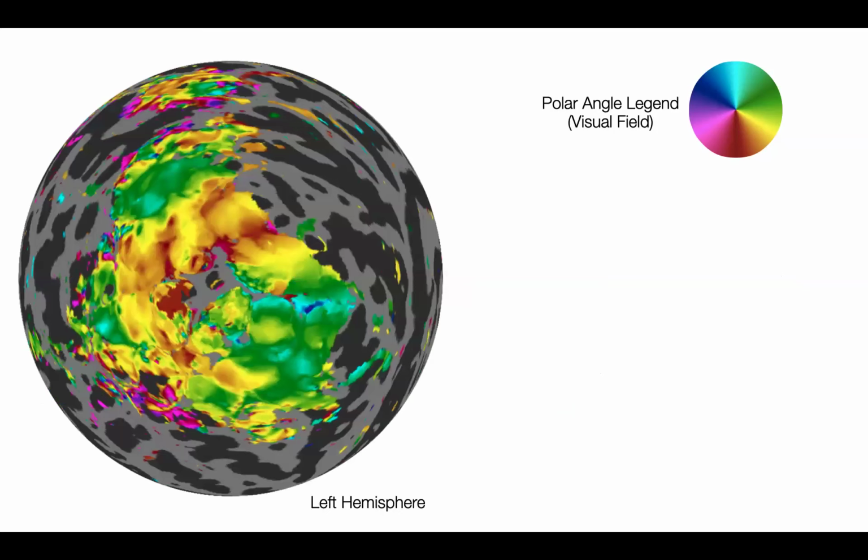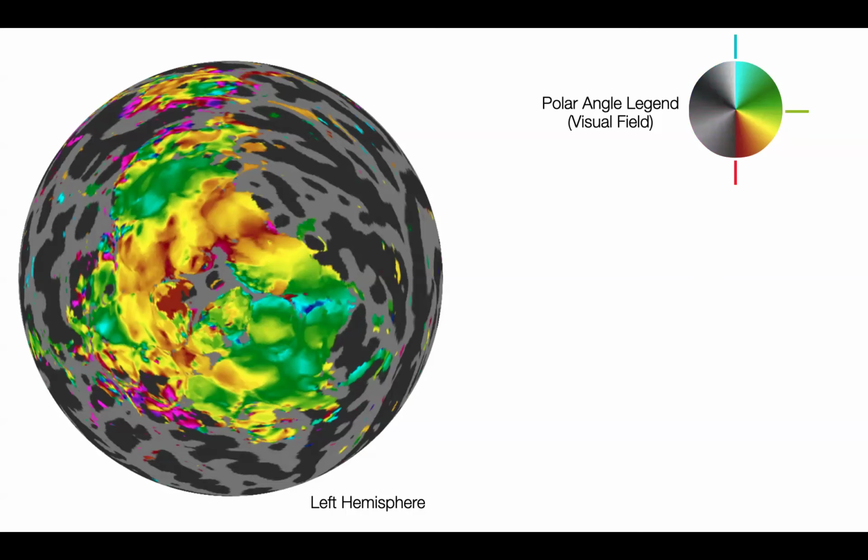And again, in case you don't think about the early visual cortex as much as I do, I just wanted to orient you to our subject here. This is the left hemisphere of the subject we're about to look at. You can see a representation of the upper visual field along here in cyan and along here, and a representation of the lower visual field here and up here. This is V1, and then V2 and V3 are around it, and I'll just draw some boundaries for you.